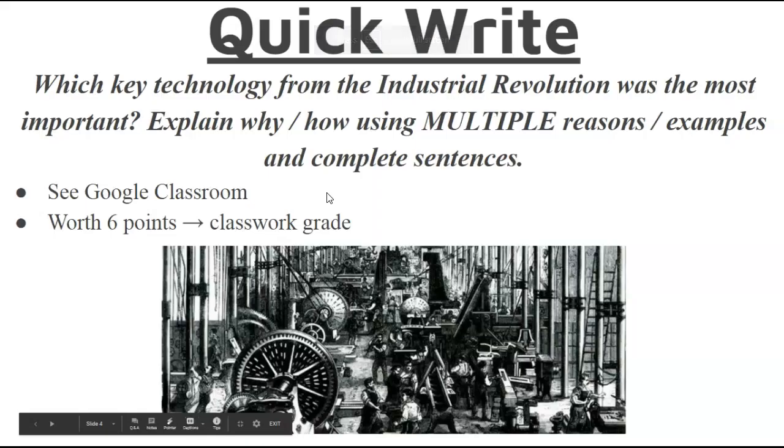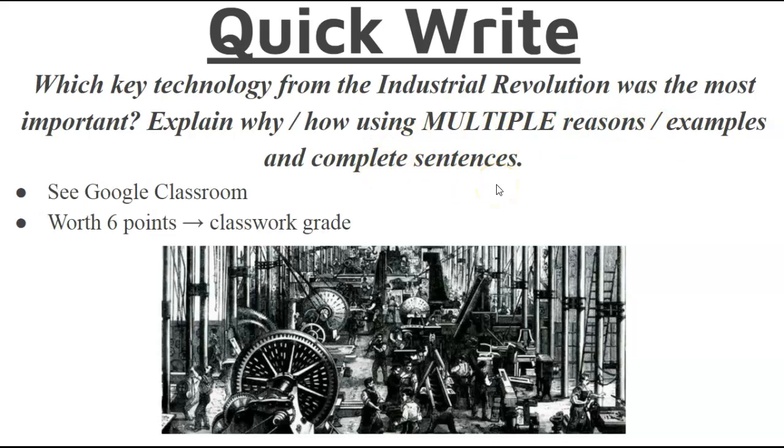Second thing is once you are done rearranging the slides, creating your PowerPoint rankings from most to least important, you then are going to further explain the technology that you chose as most important. The top one out of the 7, and in a paragraph you're going to explain why or how it's the most important. I'm looking for multiple, so a minimum of 2 reasons and examples, and I would like you to write it using complete sentences.